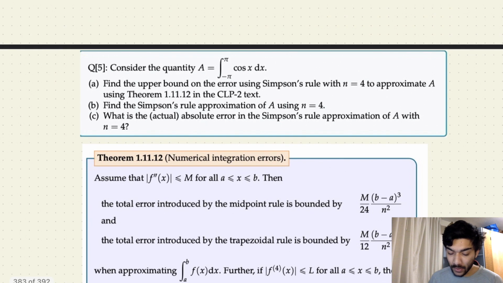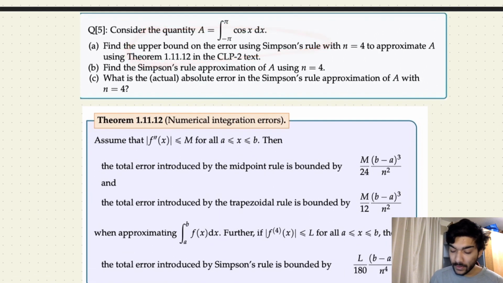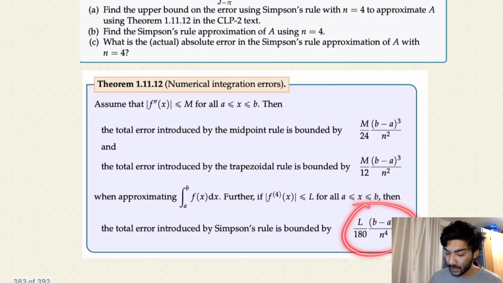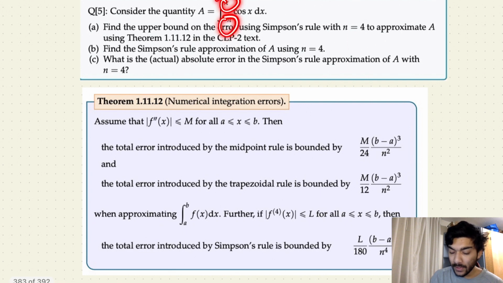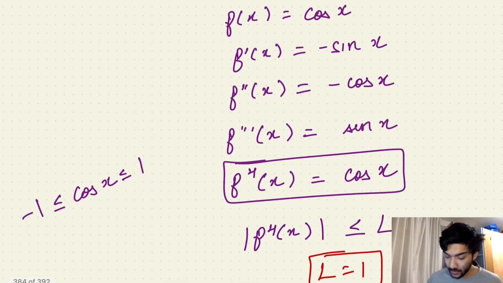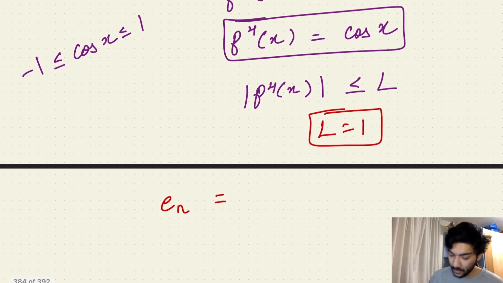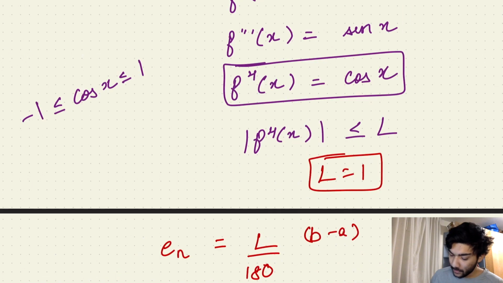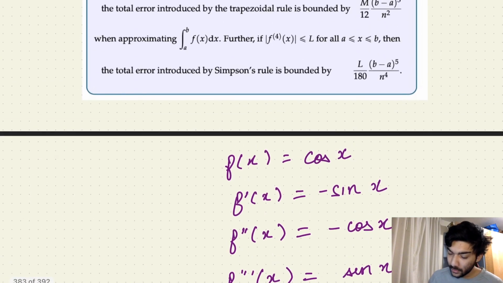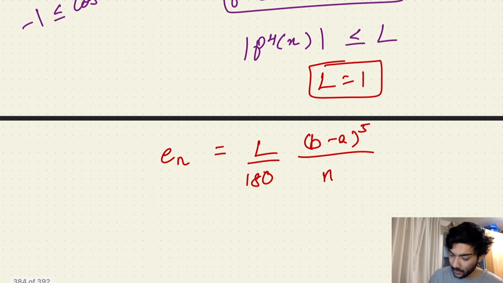Now in order to calculate the upper bound on the error using Simpson's rule, we'll have to use this formula. We already have L, b minus a, where b is your upper endpoint, a is your lower endpoint, and n is given in the question. The upper bound on the error, which is also denoted by E_n, would simply be L over 180 times (b minus a) to the power 5 over n to the power 4.